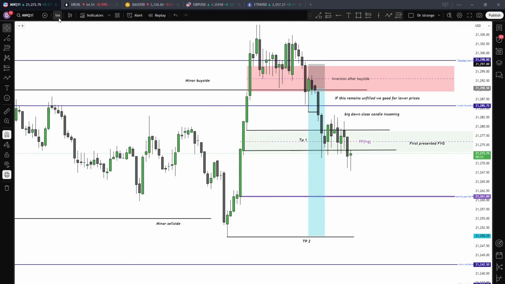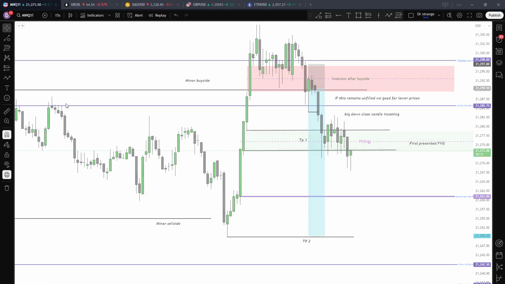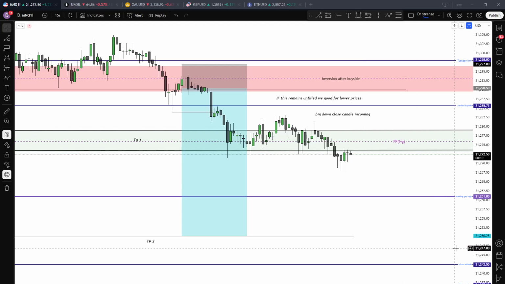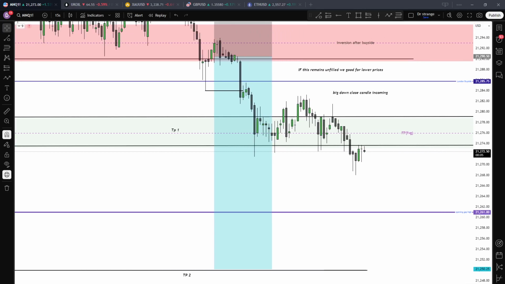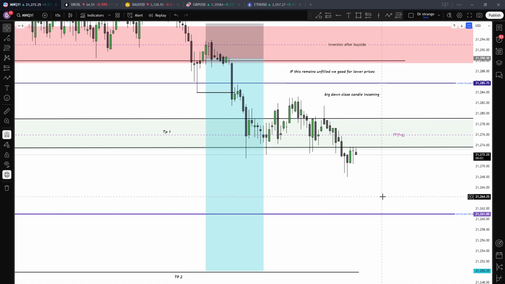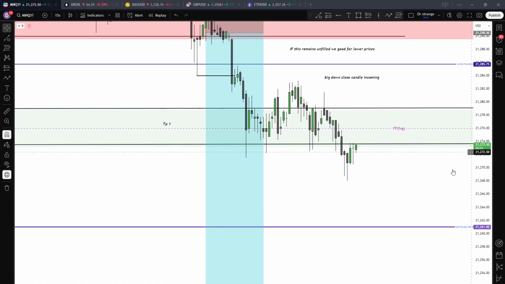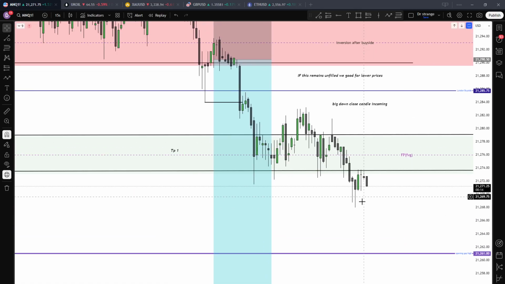We can go to the 15 seconds chart and see how is its reaction. Do we stay below? Look at that. Rejected it. But we want it to reject with momentum.